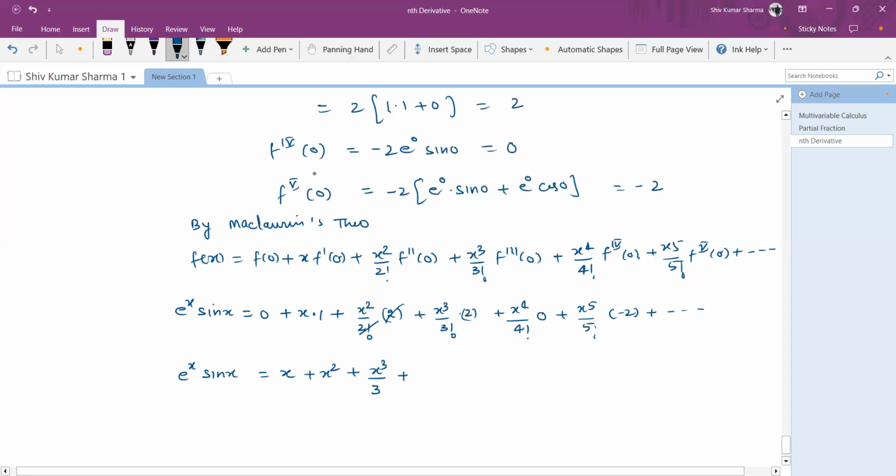Then the next term is 0, and this is the negative sign, so we write minus x5 upon factorial 5. The value of factorial 5 is 120, so 2 sixties, and this will cancel. Then the next term will be plus, and so on. So this is the expansion of e raised to the power x into sin x.